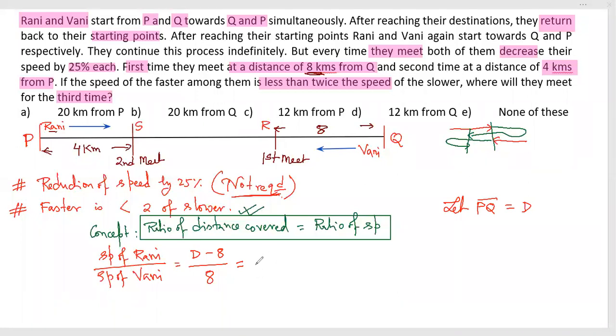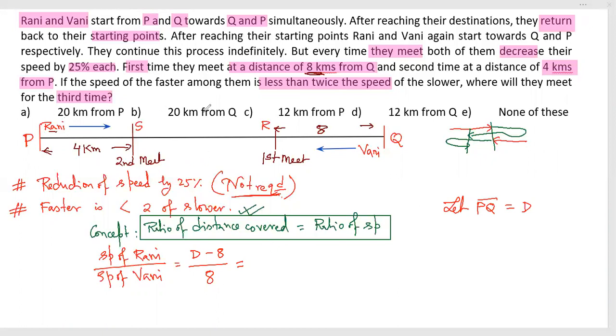Now, for the second meeting, as the ratios are the same, I can consider the distance traveled by Rani and by Vani from the origin only. Rani has traveled how much?